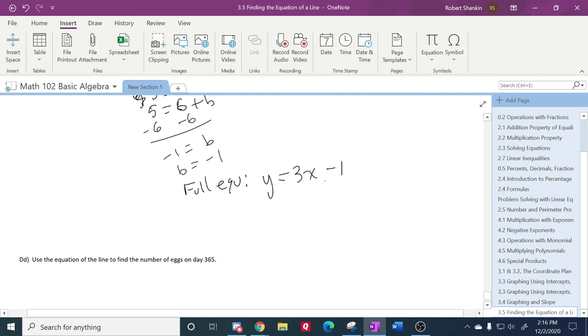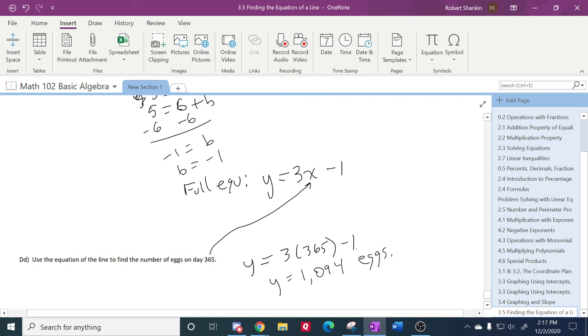And then once we have this, we can use it to find answers to questions like this. Use the equation to find the number of eggs on day 365. Well, since x was the day number, I just plug that in there. y is equal to 3 times 365 minus 1, and I get 1,094 eggs.